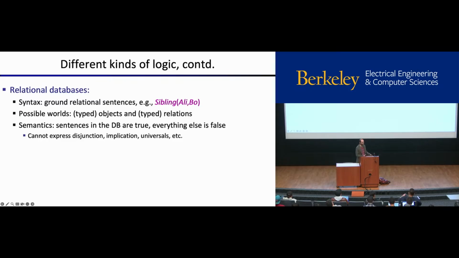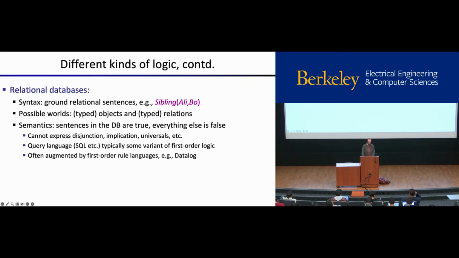So these kind of databases can't express disjunction, that is, either this or that. Can't express implication or universals. Universals are like the for all x has this property. But maybe you're familiar with SQL, a query language, and the way you query the database, you can kind of express something like first order logic.